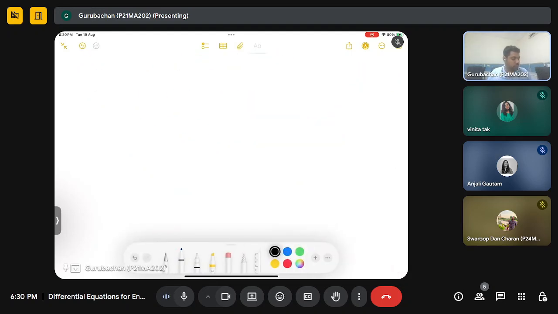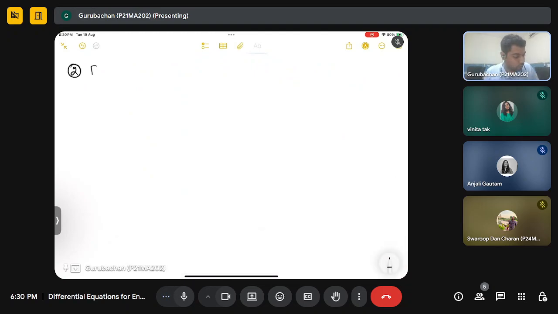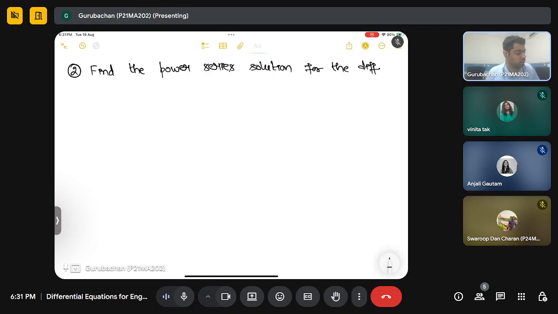Let me write one question related to it. Number 2, find the power series solution for the differential equation y double dash plus x y dash plus 1 plus x square y equal to 0.